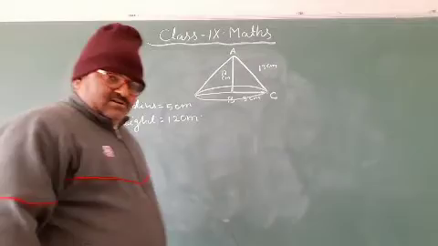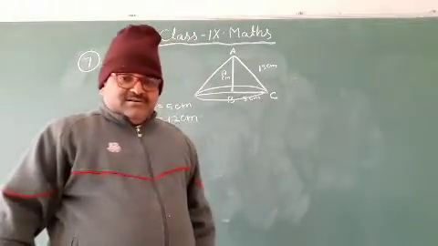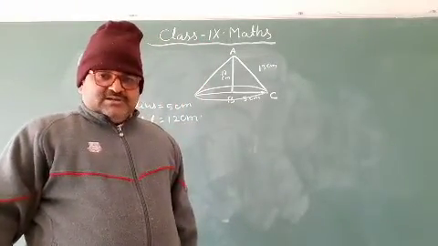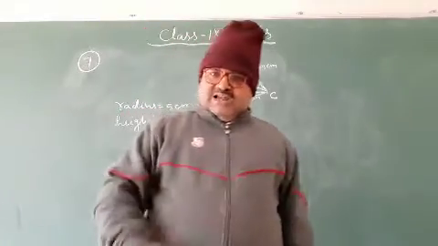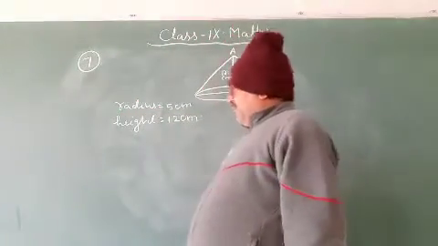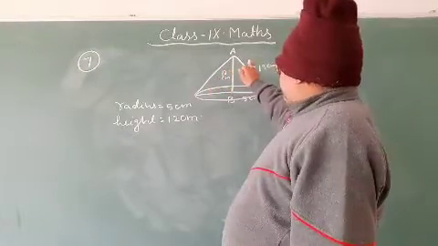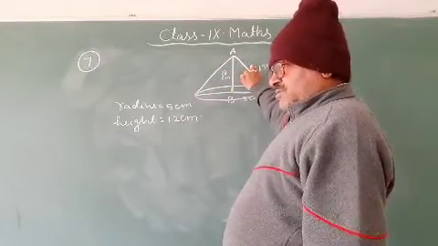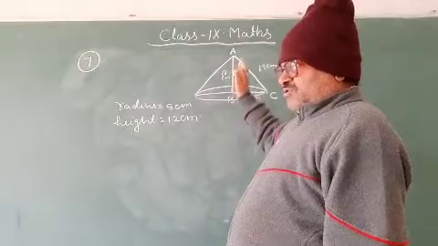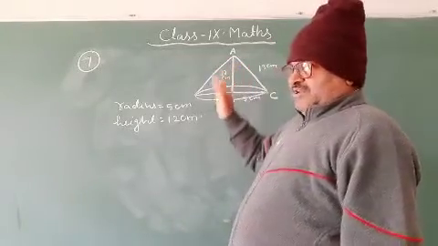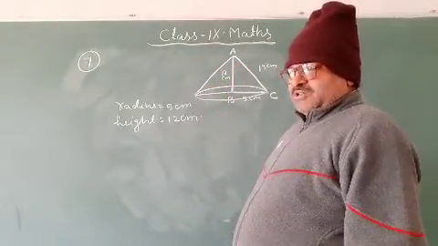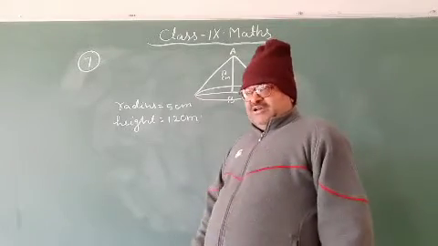The right angle triangle ABC has sides 5 centimeter, 12 centimeter and 13 centimeter. It is revolved about the side of 12 centimeter.